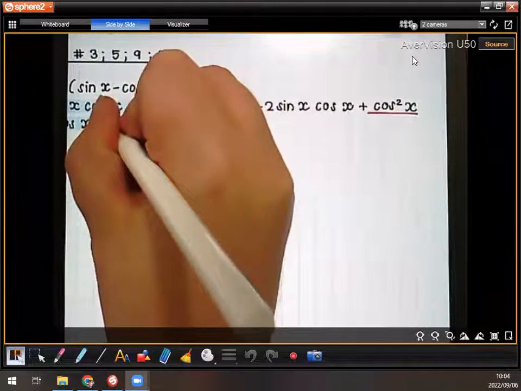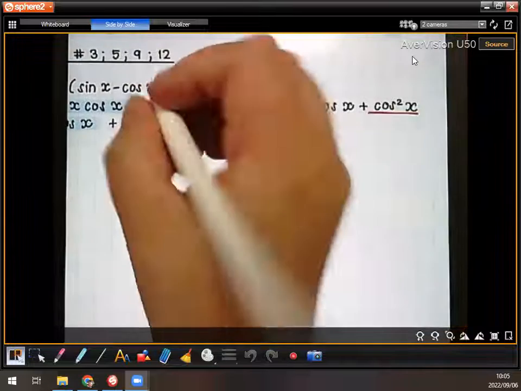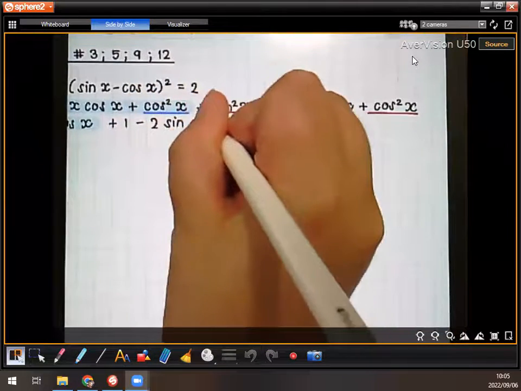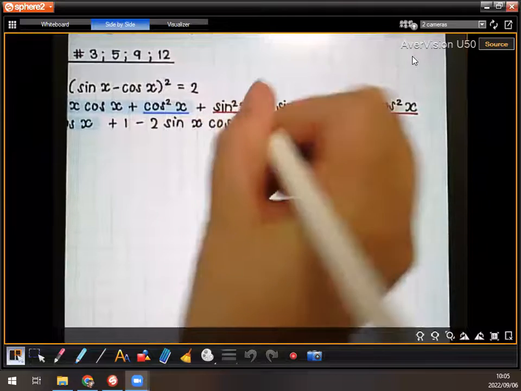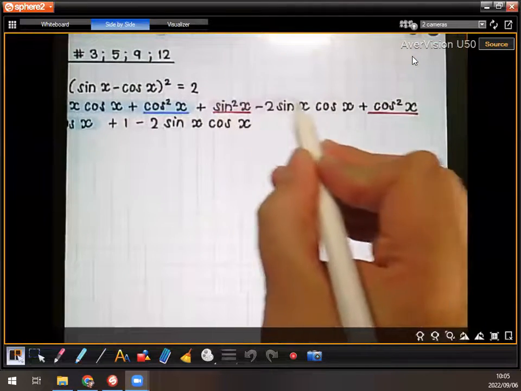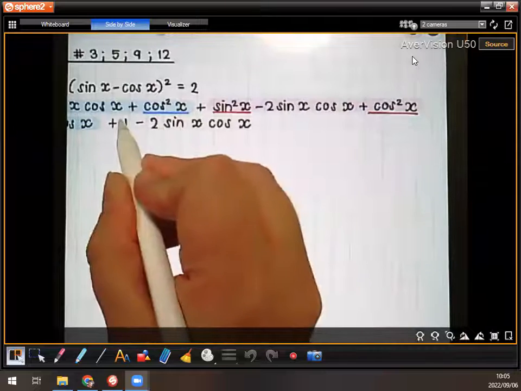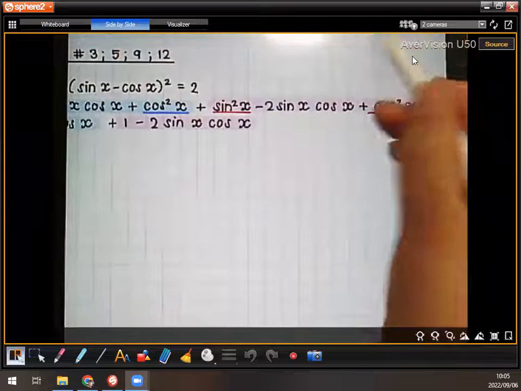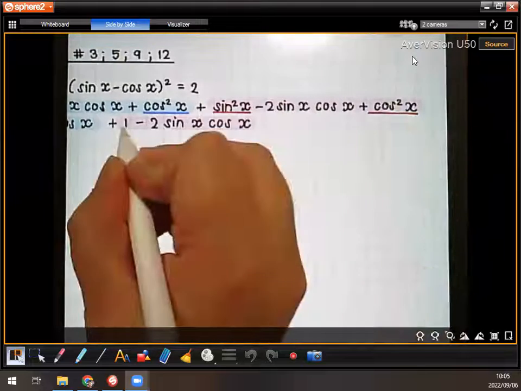Okay, so that's a plus 1 and minus 2 sin x cos x. So these 3 terms simplify to those 2. And that second one is coming from the sin squared plus cos.